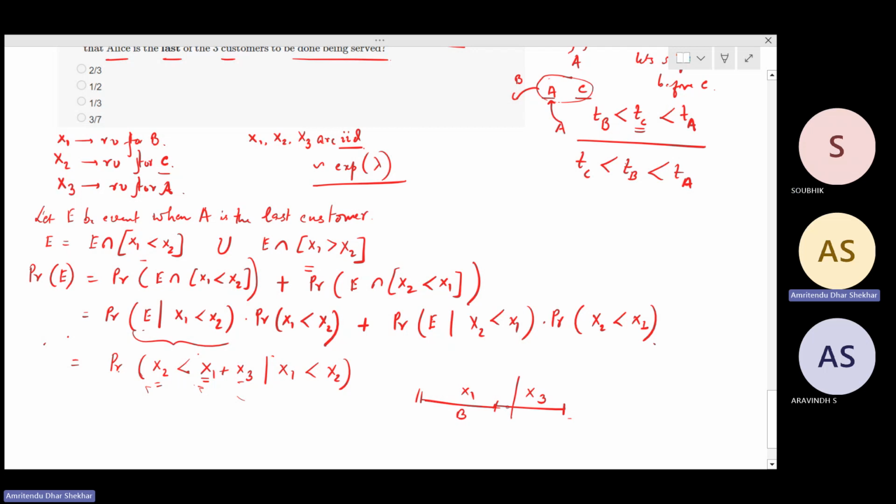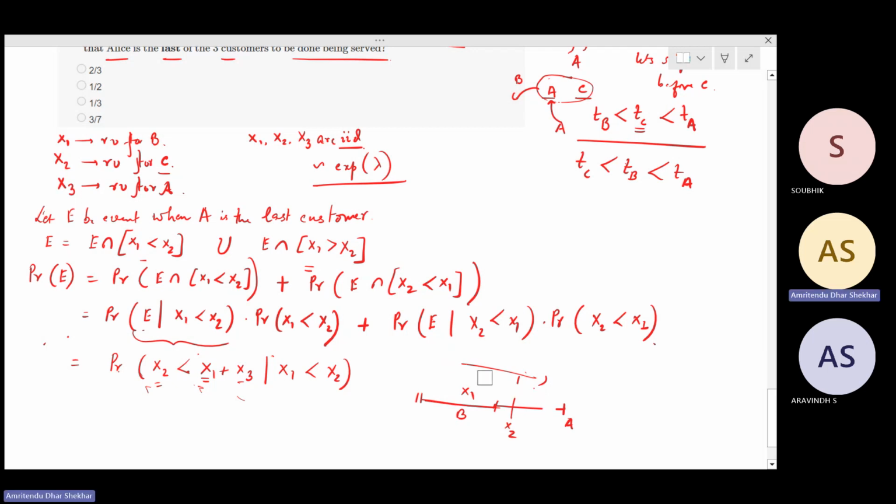So you want something like this. Claire finishes before Alice finishes. So x3 is the time required to serve Alice, but Alice finishes at time x1 plus x3, right? So we want that x1 plus x3 is smaller than x2.